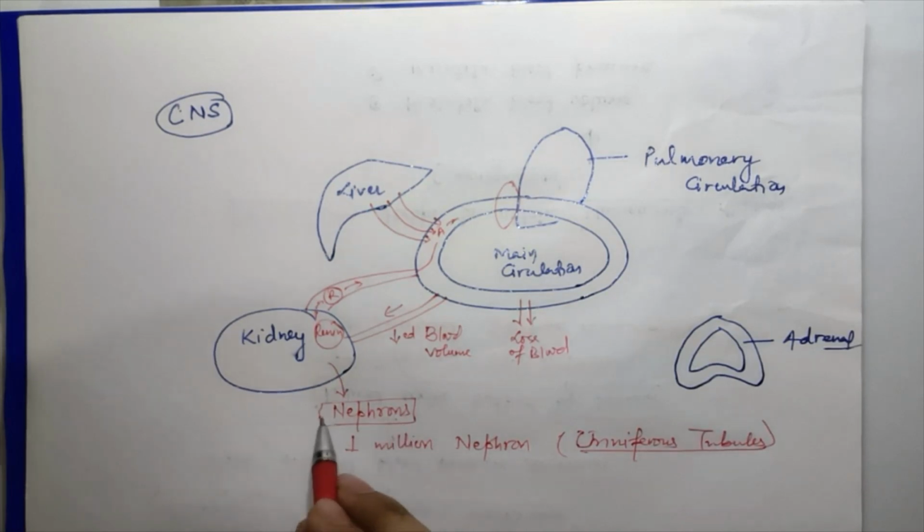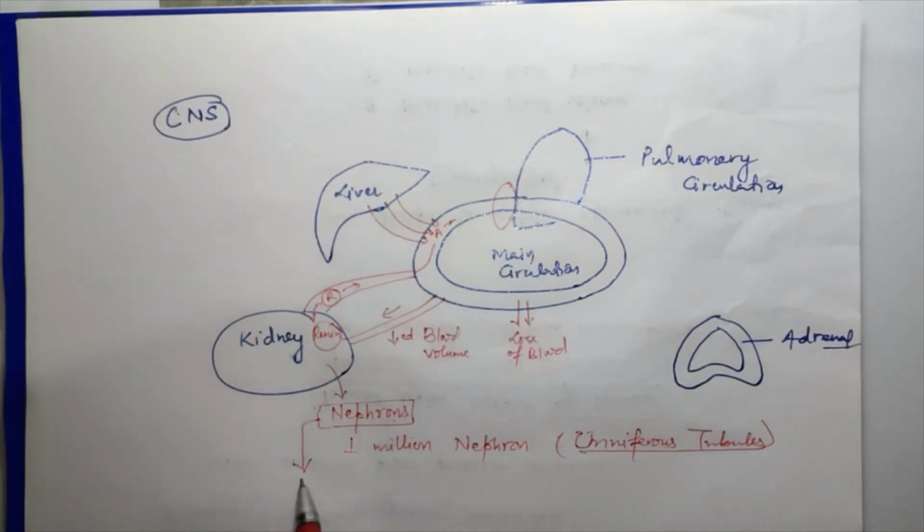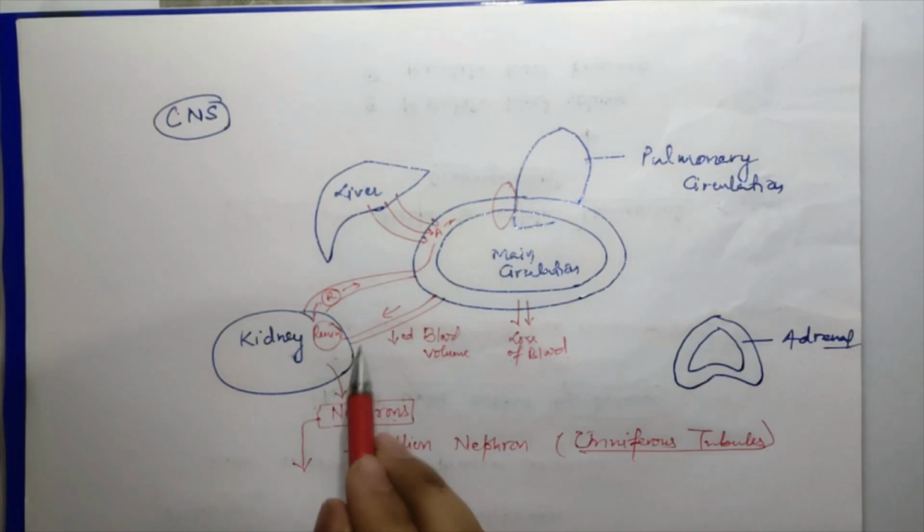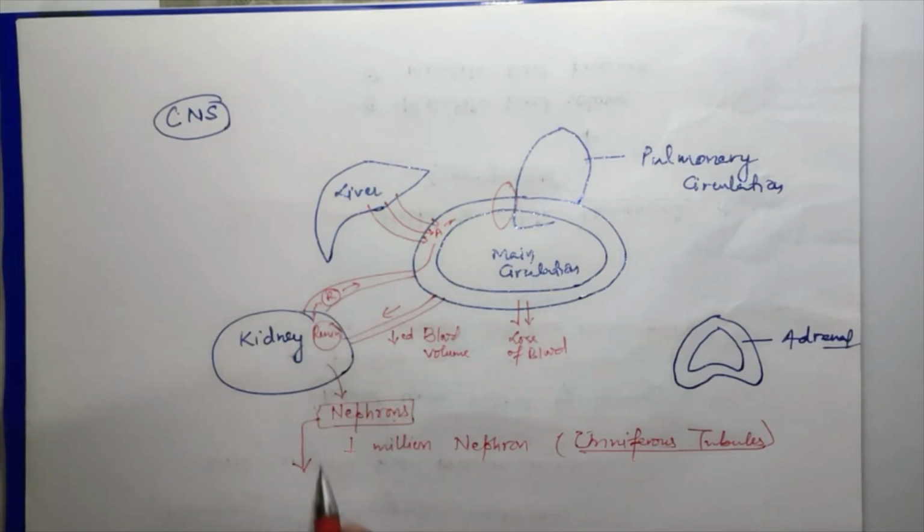Now, this is the structure of the nephron, which plays a critical role in the synthesis and secretion of renin into the main blood circulation.